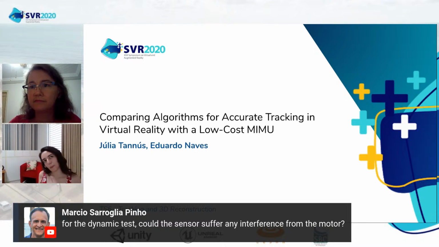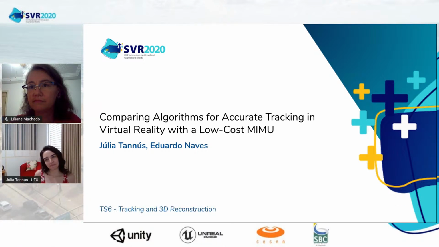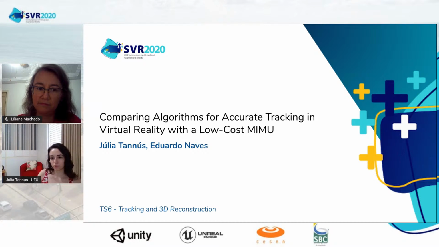I thought about it, but I didn't. I only saw a significant magnetic interference when I approached a big source of hard and soft iron distortion. So the Arduino itself was not capable of distorting the magnetic field enough for me to actually see a difference on the yaw reading.